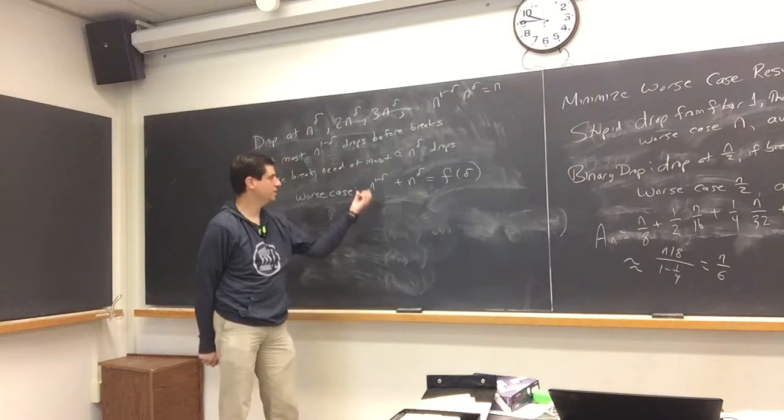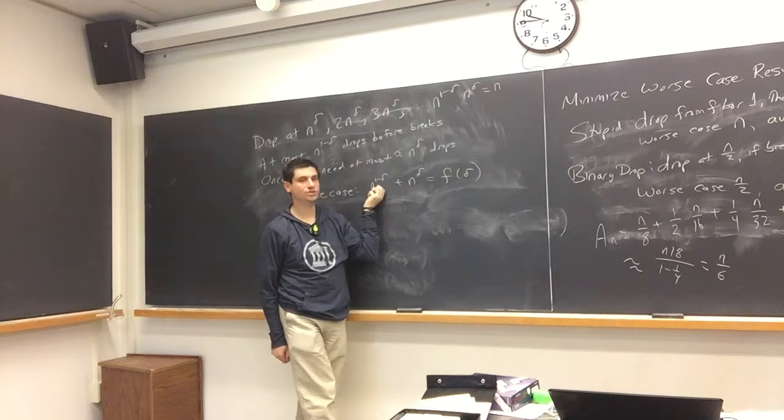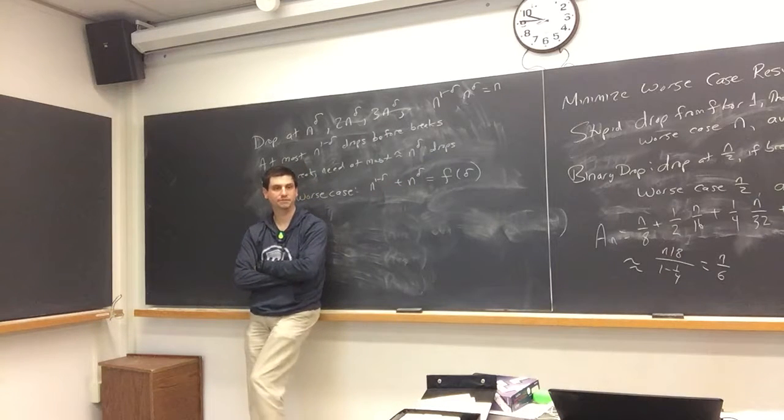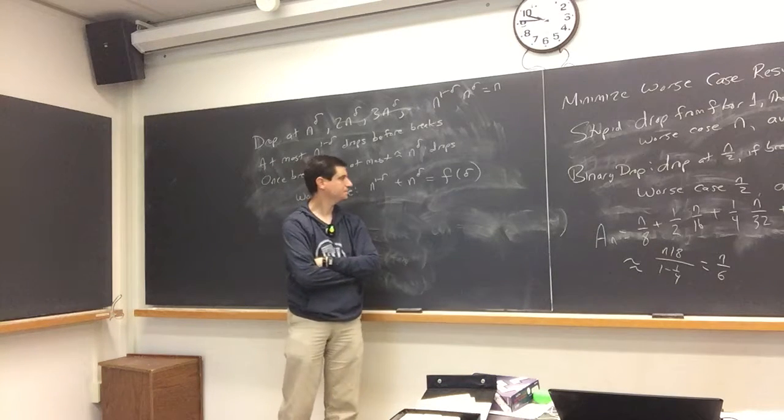The feeling is that you've got two competing influences. As delta gets closer to 0, that makes this large. As delta gets closer to 1, that makes this large. Probably the best thing you can do is delta equals a half. And this is now a calculus problem. I think you could use AM-GM.